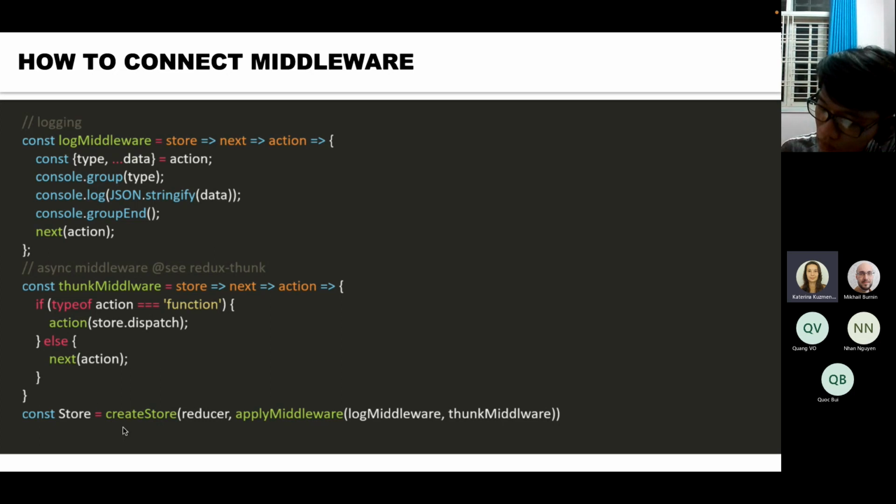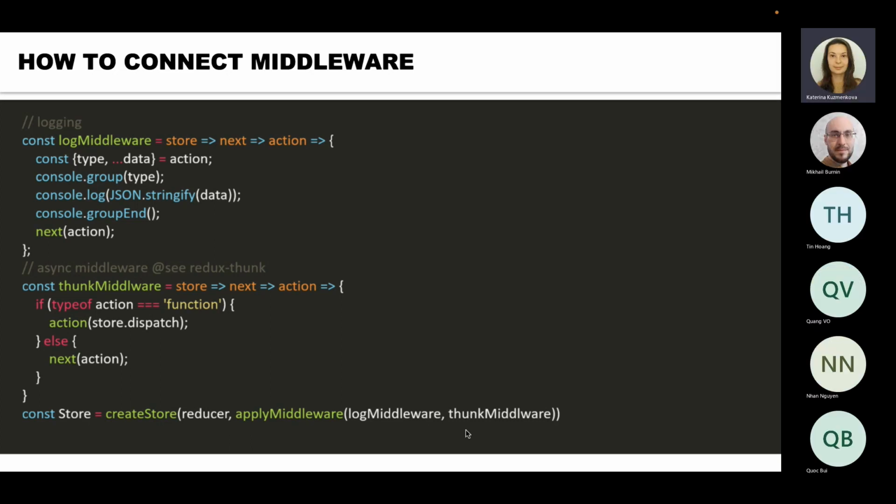And here we see that when we create the store, we put in our reducer and provide middleware with our login function and async middleware function.